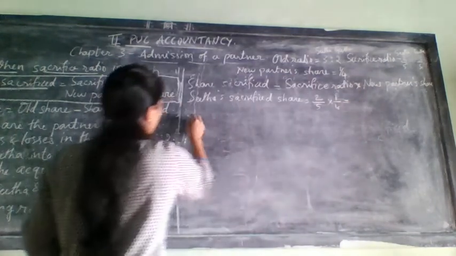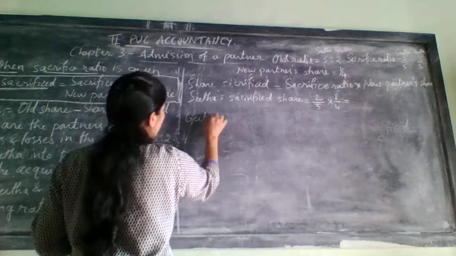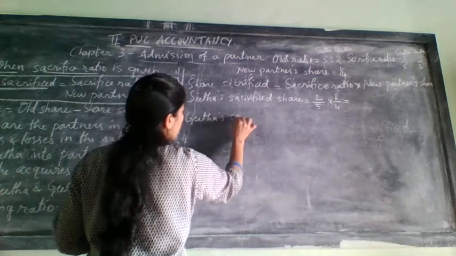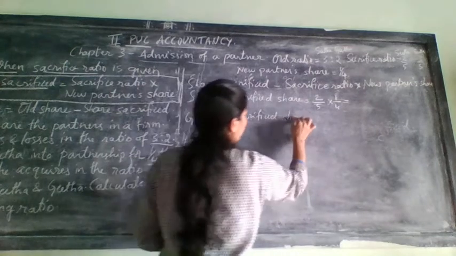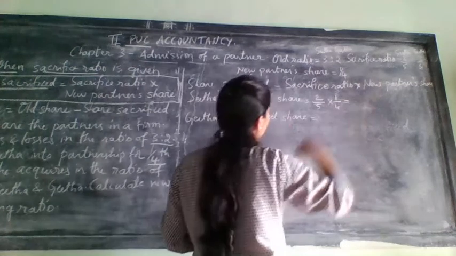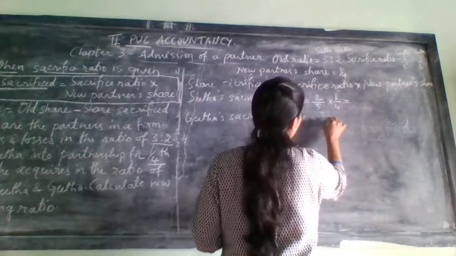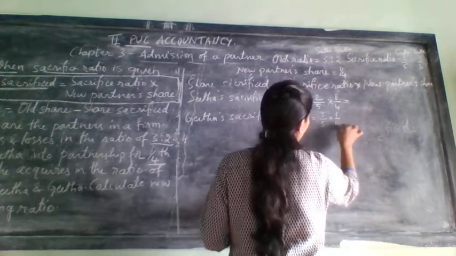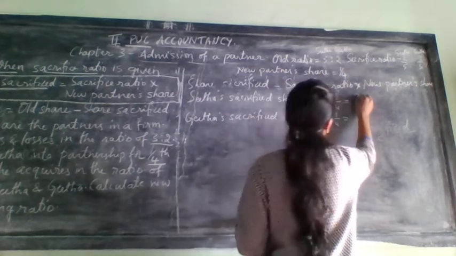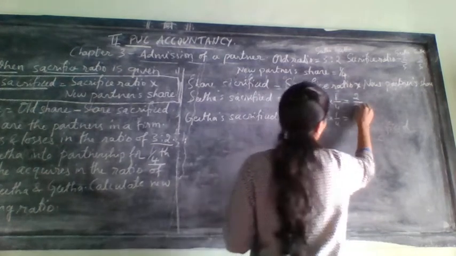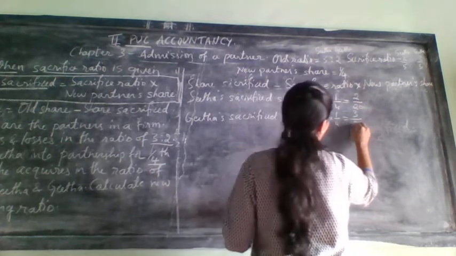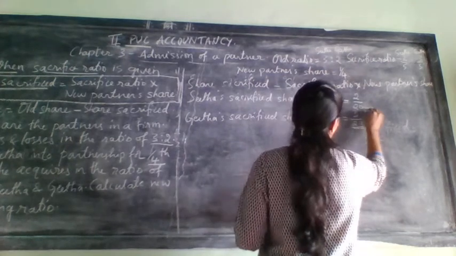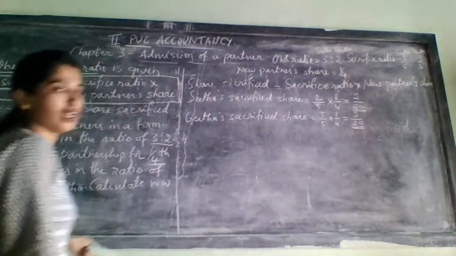Next for Geeta. Geeta's sacrifice share is 3 by 5 into 1 by 4. 2 ones are 2, 5 fours are 20, 3 ones are 3, 5 fours are 20. You got now the sacrifice share of Sita and Geeta.